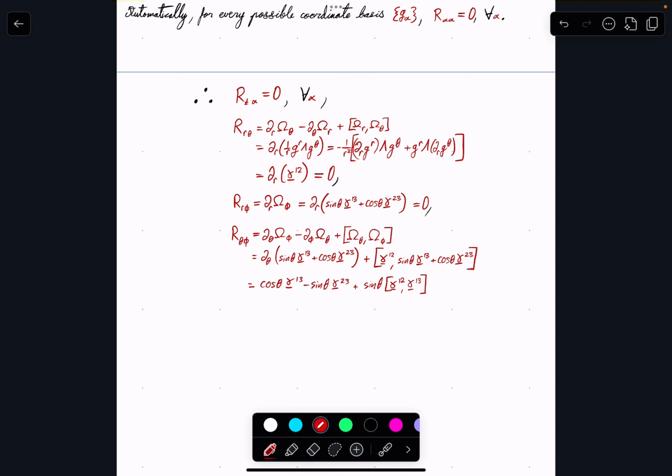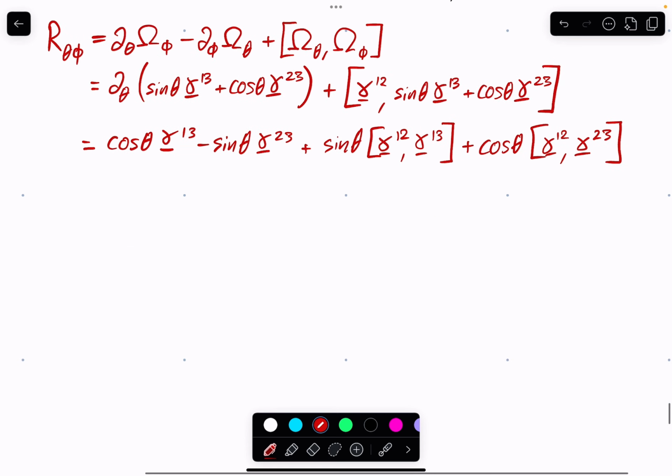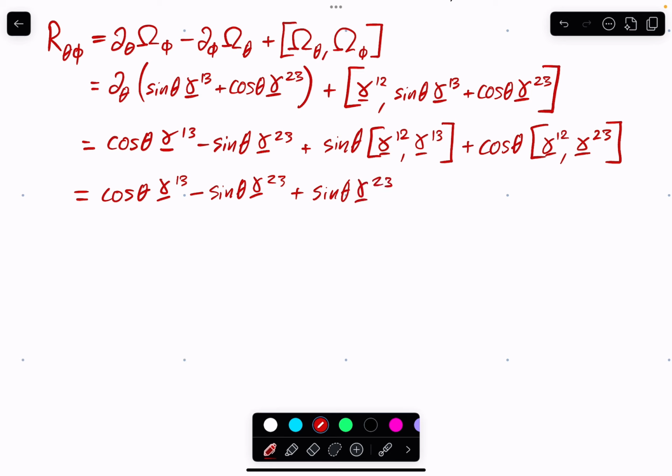This plus cosine theta gamma bar 1 2 gamma bar 2 3. And this ends up giving cosine theta gamma bar 1 3 minus sine theta gamma bar 2 3 plus sine theta gamma bar 2 3 minus cosine theta gamma bar 1 3, which is, of course, equal to 0.